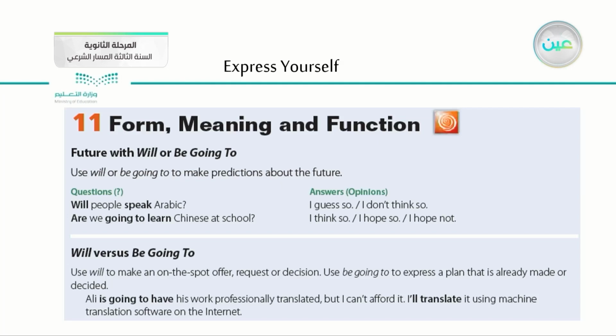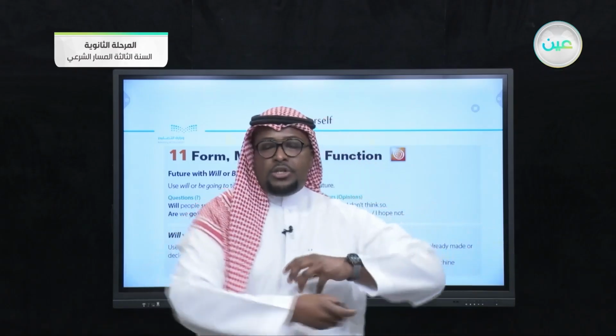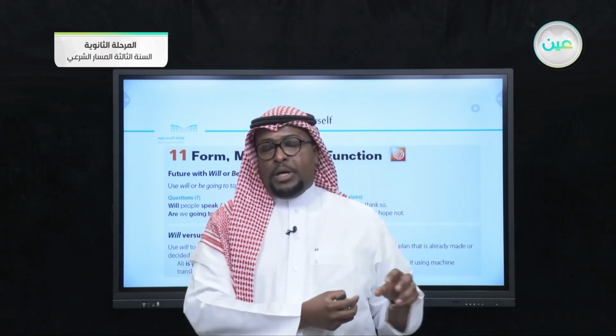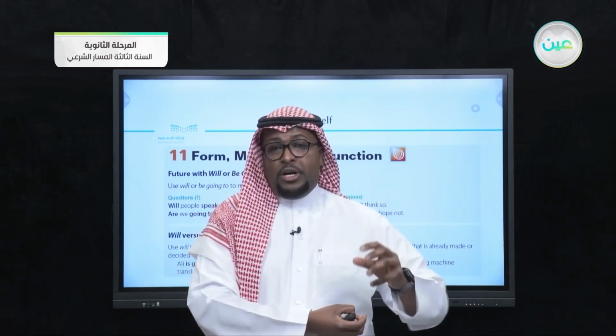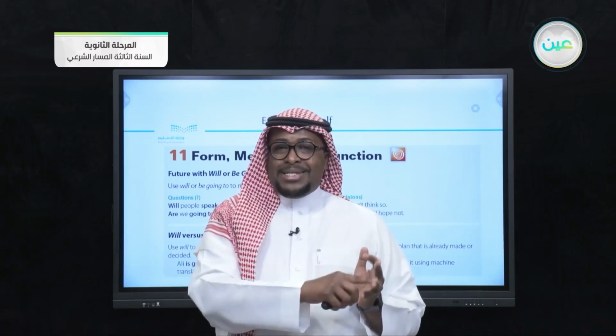And of course, we have another question, which is, are we going to learn Chinese at school? As you see here, guys, we focused on going to. Of course, it's preceded by be. When we say be, I would like to remind you of the group be, which is a very important group of verbs in English. We have am, is, and are.